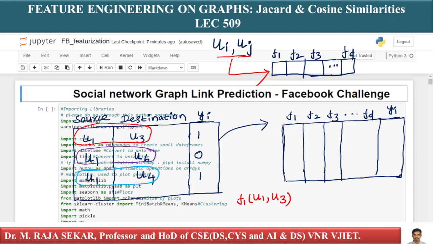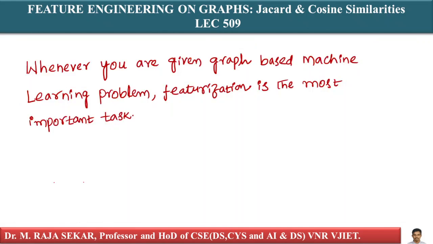Once I have this setup, in my test, if I am given ui comma uj, I will again compute these featurizations f1, f2, f3, so on, fd. Whenever you are given a graph based machine learning problem, featurization is the most important task.